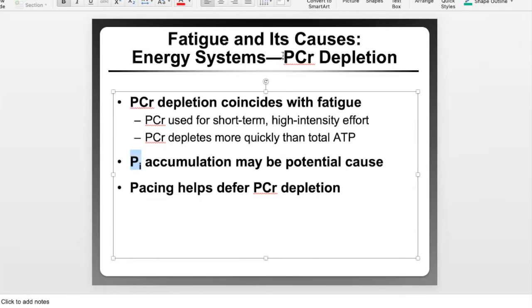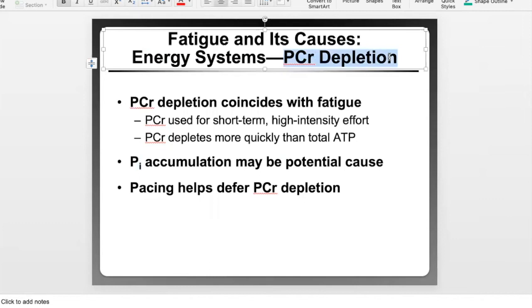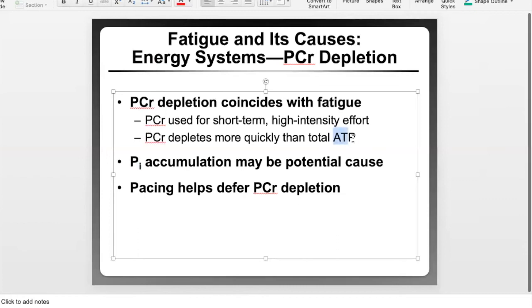Remember, the bioenergetics chapter said that rather than thinking of the phosphocreatine system as a source of energy from ATP, think of it as more of a recycling energetic system that's creating ATP out of all of these accumulated free phosphorus ions. So this accumulation of free phosphorus ions implies that the ATP isn't being recycled fast enough. And that could be a potential for fatigue.